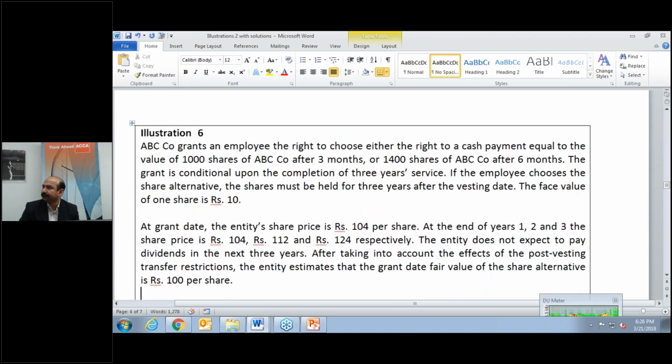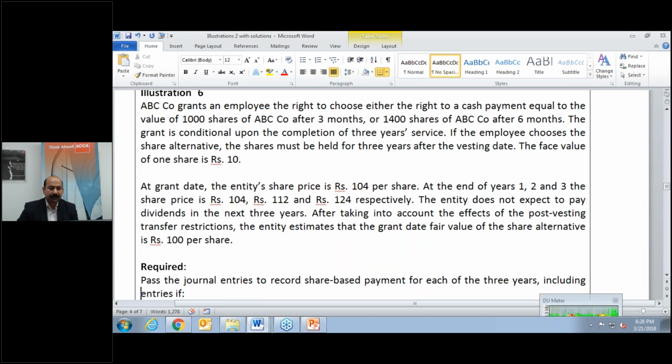ABC company grants an employee the right to choose either a cash payment equal to the value of 1,000 shares of ABC company after 3 months, or 1,400 shares of ABC company after 6 months.